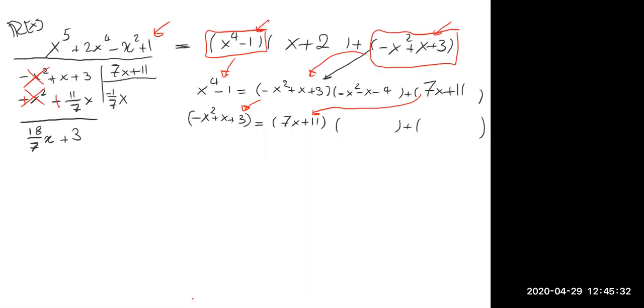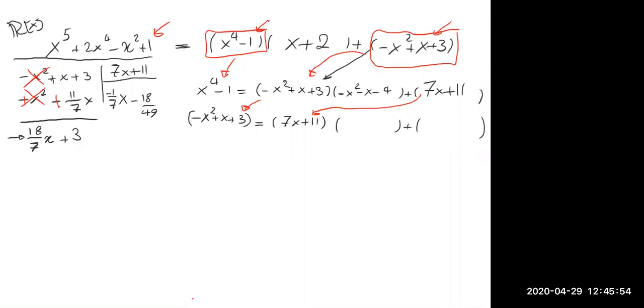Yeah, okay. So the next step, I want to cancel this term. So I should multiply 7x by 18 over 49.